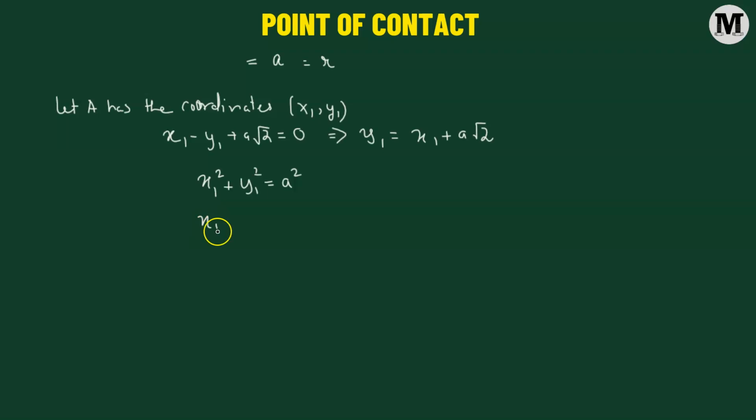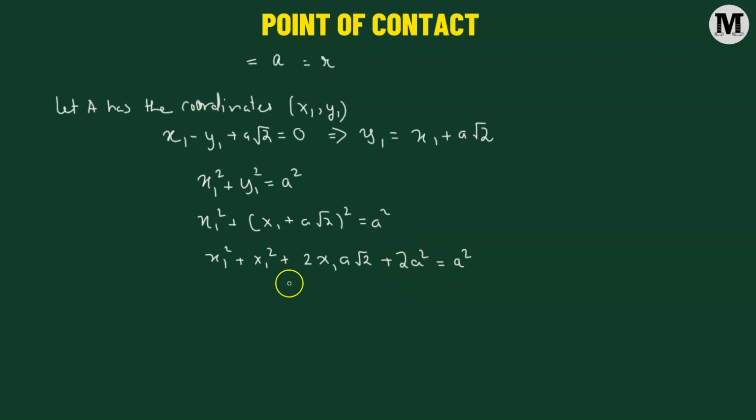Now we'll replace the value of y1 with x1 plus a times square root of 2, the whole squared. This will be equal to a squared. So we have x1 squared plus x1 squared plus 2 times x1 times a times square root of 2, added to squaring a times square root of 2 gives us 2a squared. This will be equal to a squared.